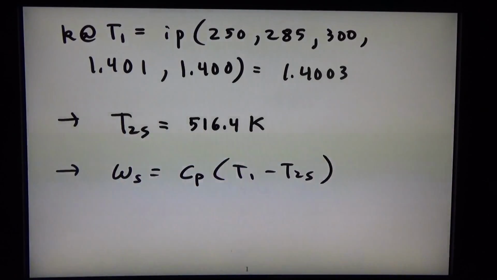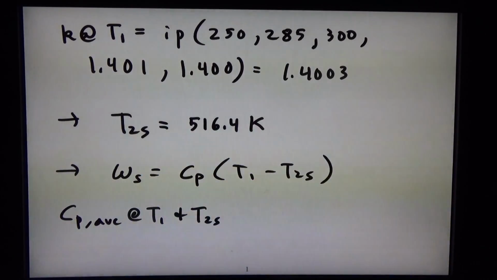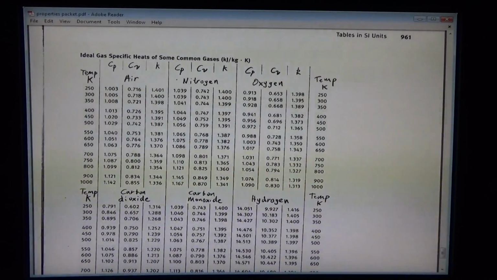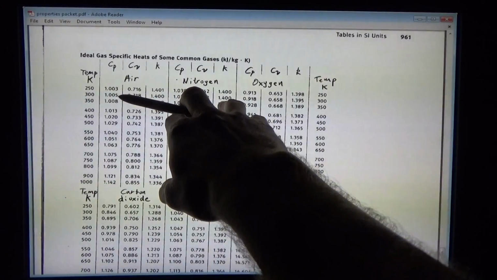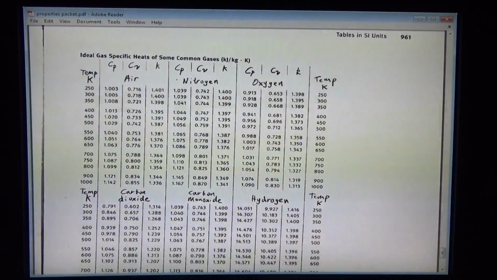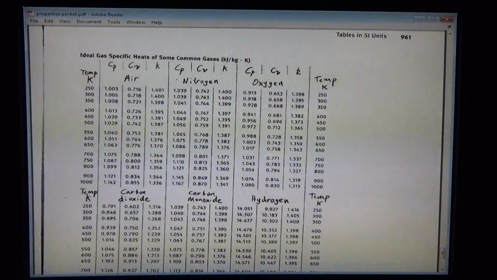So we can get a C sub P average here between T1 and T2S. C sub P at T1, that's at 285. C sub P for air at 285, we're going to need to interpolate here between 1.003 and 1.005.